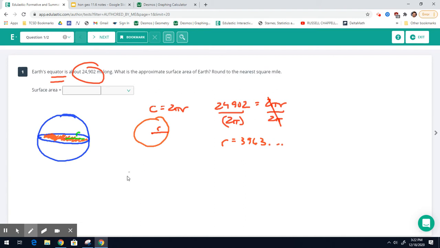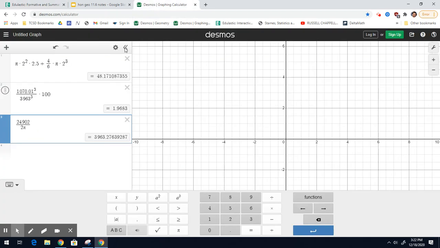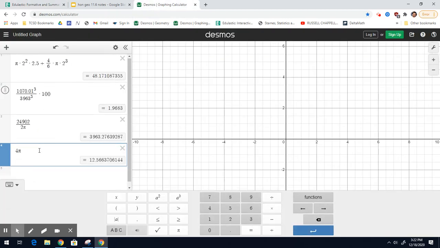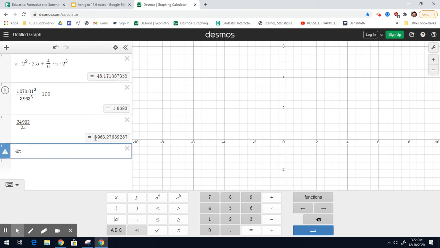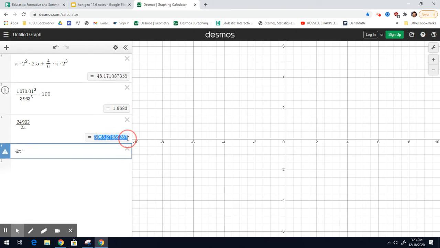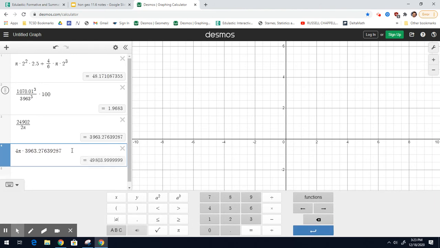So now to find the surface area, we need to take our equation 4 pi r squared. That's 4 pi times 3963 squared. So what I will do is type in 4 pi times, copy and paste this radius down below, and square it. And there we go. There's our big long number: 197,387,017.